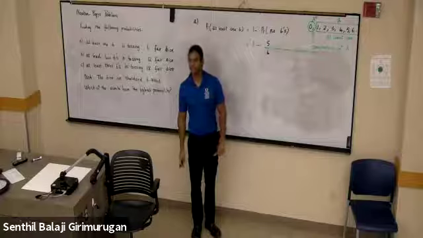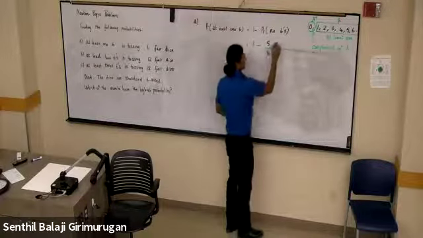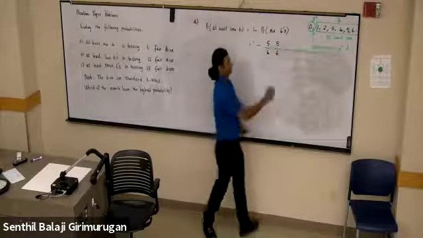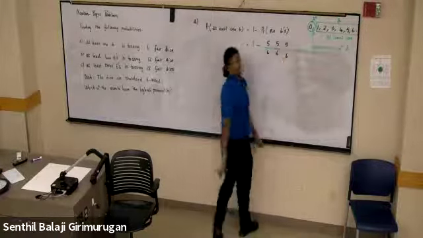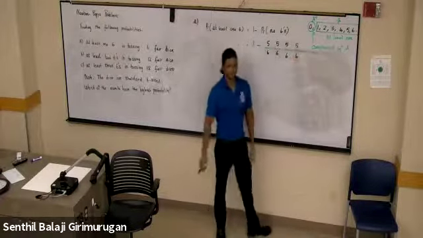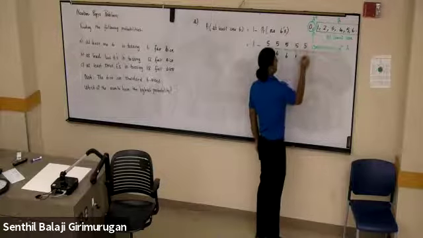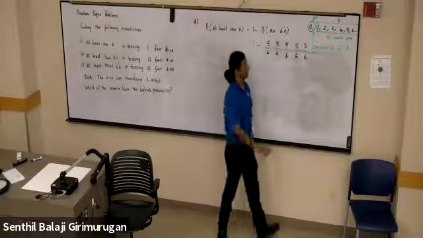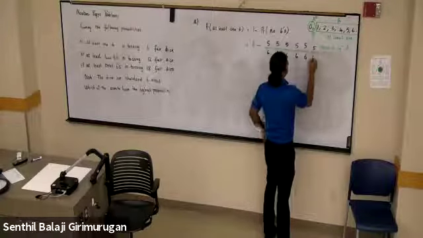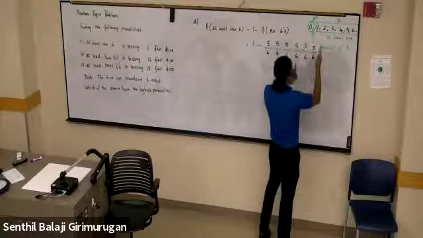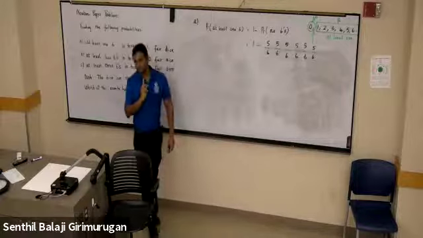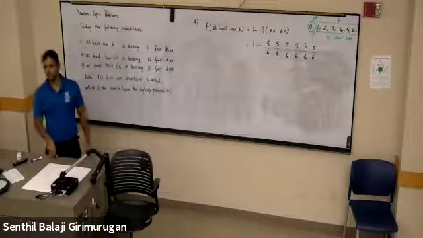Do we agree? And likewise, 5 out of 6 for the second die. 5 out of 6 for the third die, the fourth die, the fifth die, and so on. That's what we have. Are you with me so far?